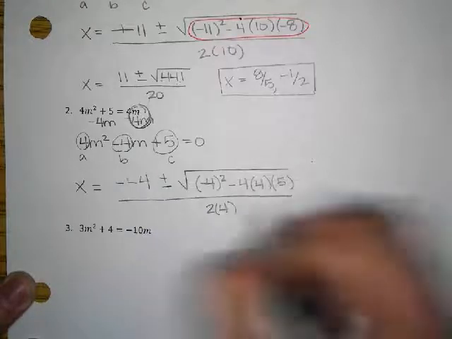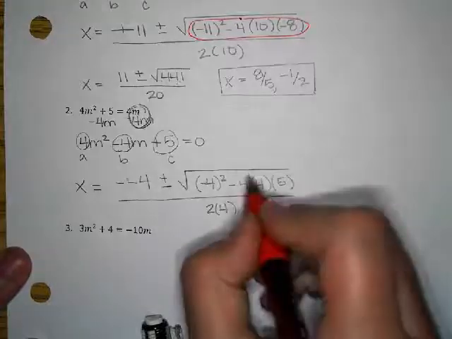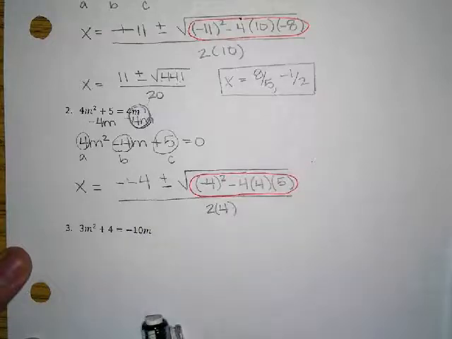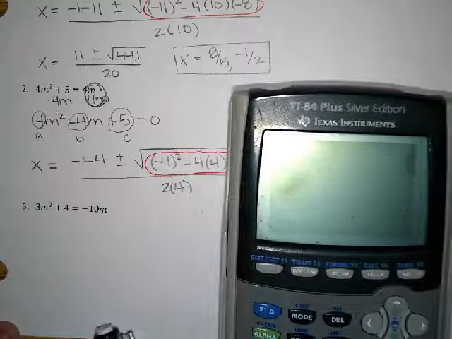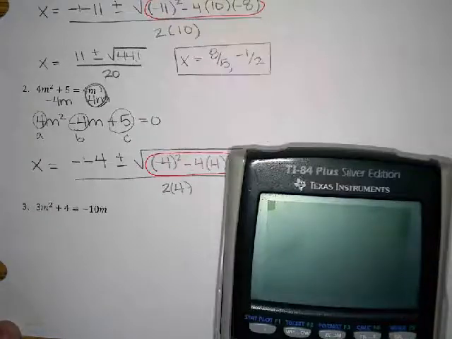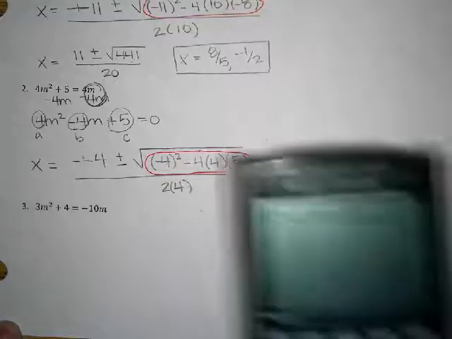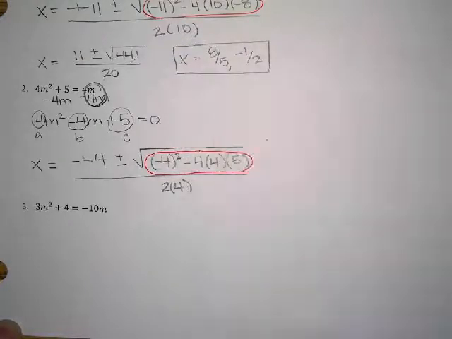Okay, so what I'm going to do next is figure out what my discriminant is. Let's go ahead and type this in. We've got negative 4 squared minus 4 times 5.